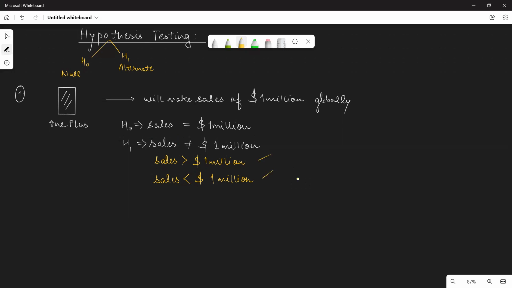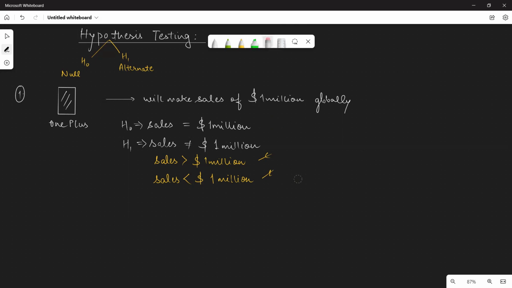If any of these two conditions is satisfied, this will get rejected. Don't you think so? If sales is more than 1 million, the H0 condition gets rejected. If sales is less than 1 million, even then this condition gets rejected. So you have two conditions inside H1. If any one of them gets satisfied, H0 gets rejected.